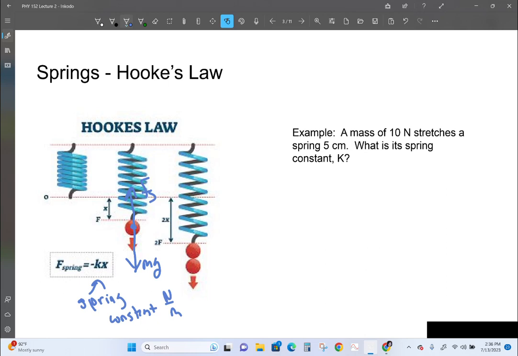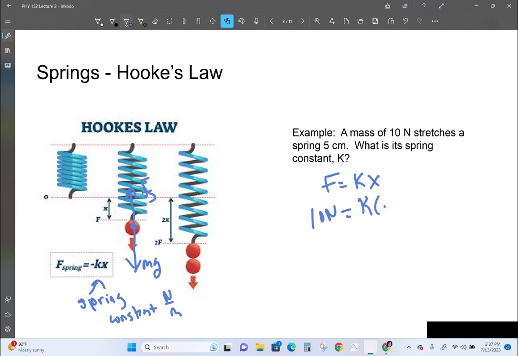So let's say that you have a weight of 10 newtons and you stretch it 5 centimeters. What's the spring constant? Well, we put 10 newtons on it and it stretches 5 centimeters. So the force that's causing it to stretch is 10 newtons.